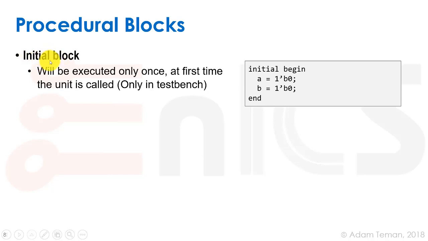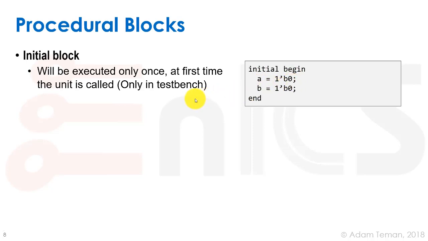So anything that comes inside an initial block starts at t equals 0. So it's executed only once, at the first time the time unit is called. For example, initial begin, a equals 0, b equals 0, and we put several commands between a begin and an end, and this will set our a and b to 0 at the beginning of the simulation.